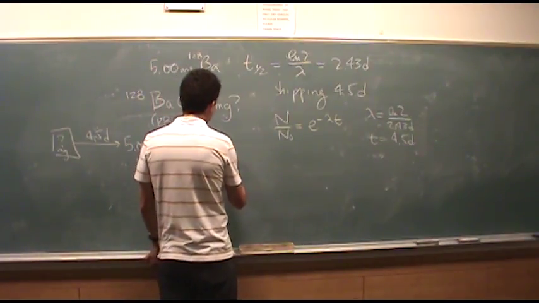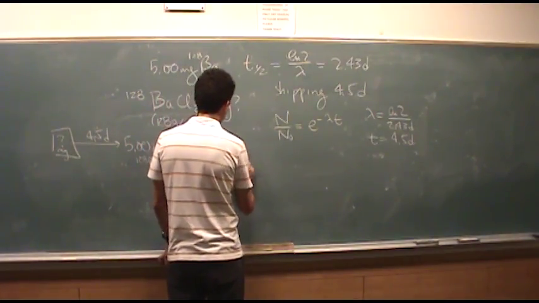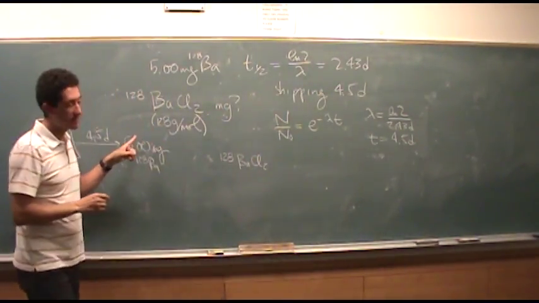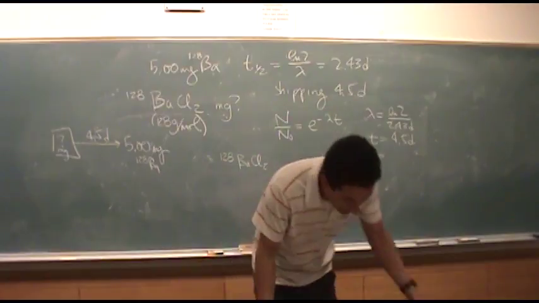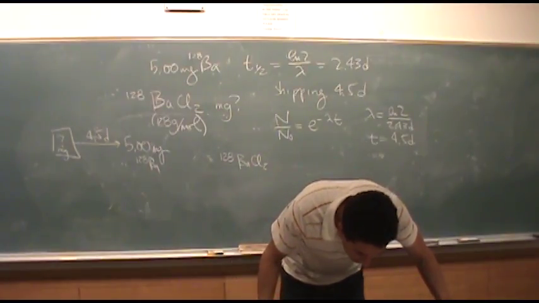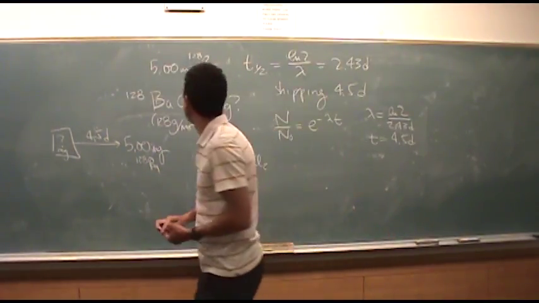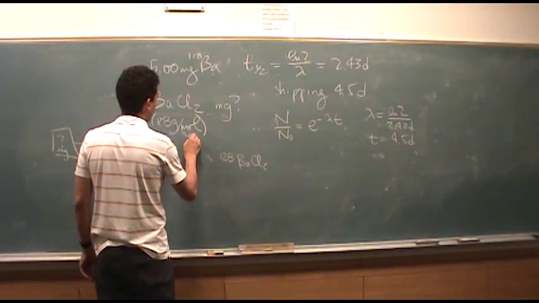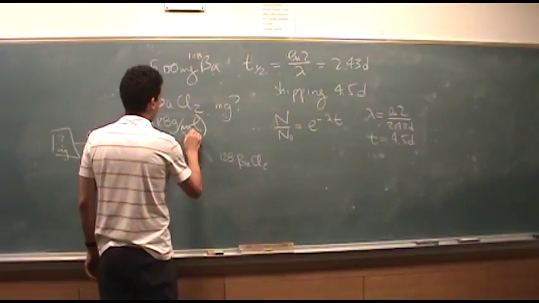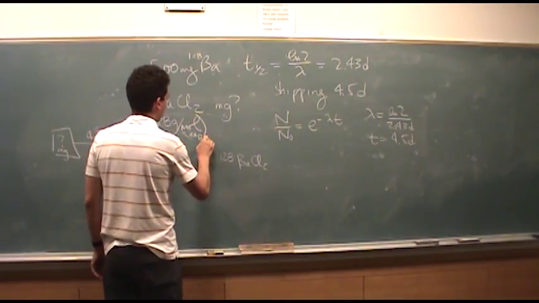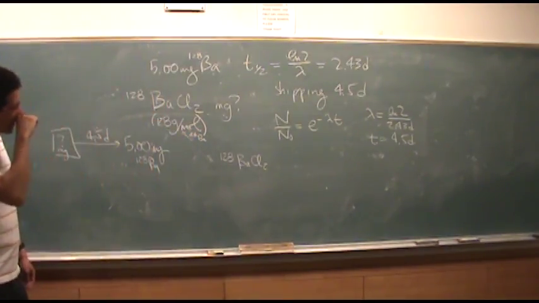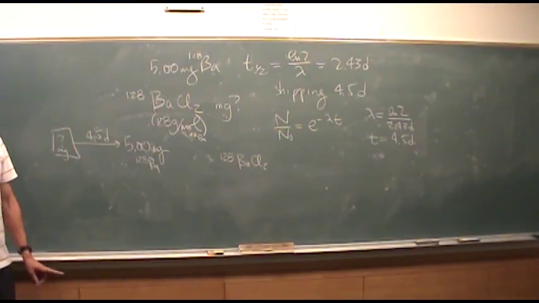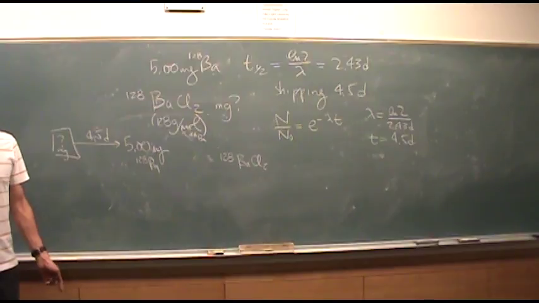So we've got 128. Why was the molar mass given? Let me make sure I have the right molar mass. Oh, the molar mass, this is just the barium. It's the radioactive isotope. Yes, but what will I do with the molar mass?